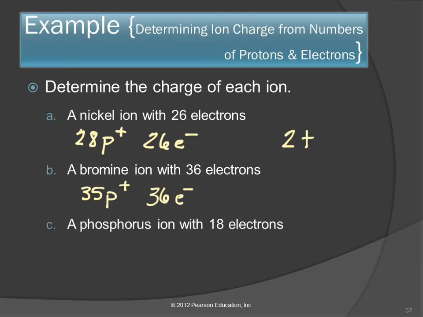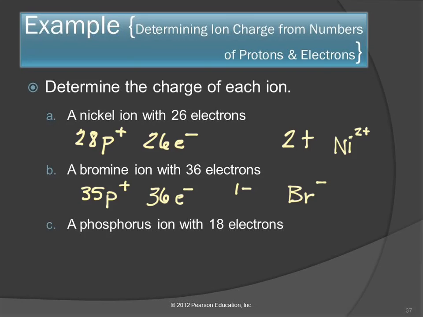The difference between those two numbers is 1. And so the charge would be 1 minus, a negative 1. So if we're going to write the symbol, which it doesn't specifically ask us to do, this would be Br with a minus, and this guy would be Ni 2 plus. Those would be the ion symbols.